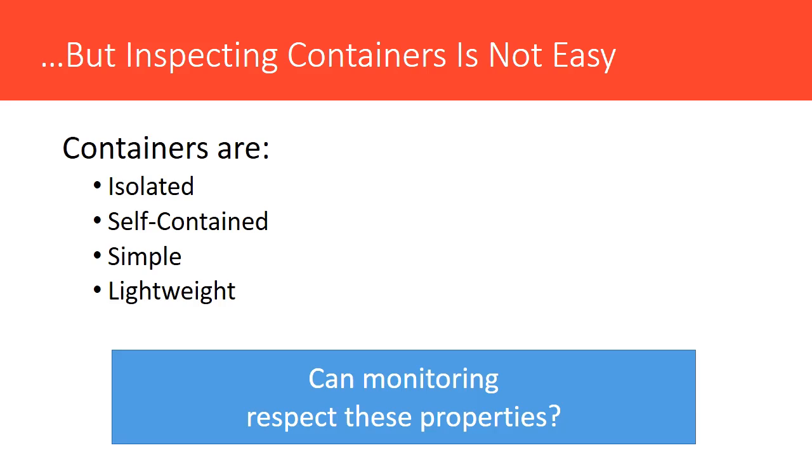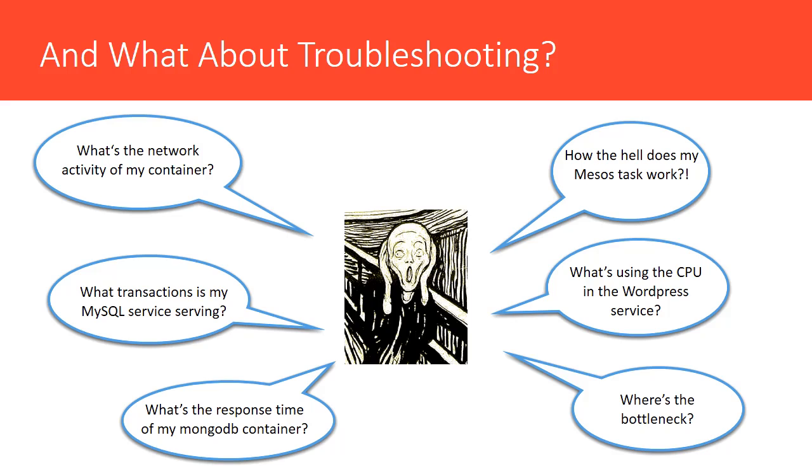So, the question that I used to start Sysdig as a project, and especially the container and microservice support in Sysdig, is: can monitoring actually respect these properties? Can monitoring not only become at par with what we were used before, but maybe also become a bit better thanks to these properties?